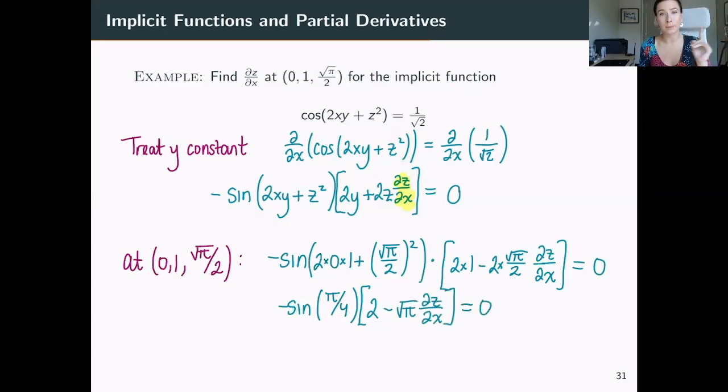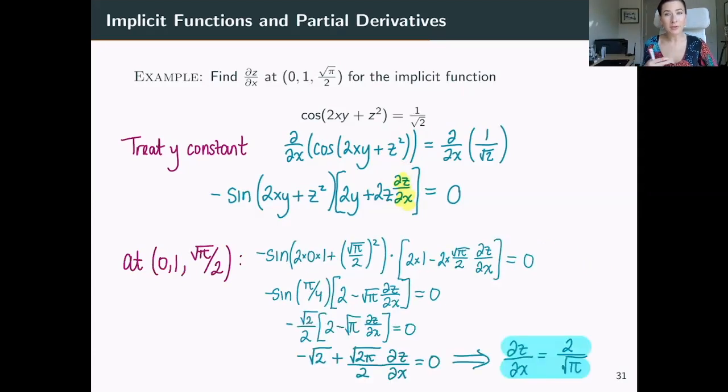I encourage you to pause the video, finish up this expression solving for dz by dx. After a little bit of algebra, you should have gotten that dz dx is equal to 2 over root pi. Again, the key point is treating our z squared as an implicit function.